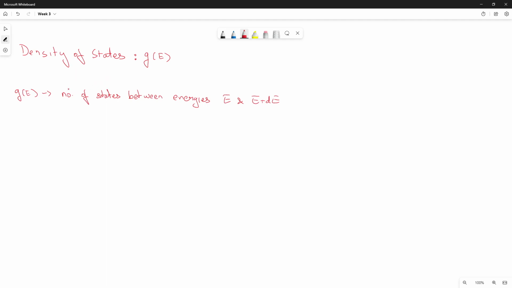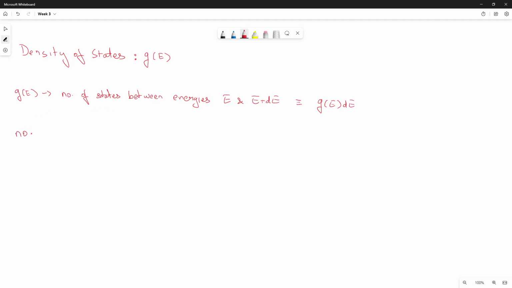Technically speaking, g of E, as the name suggests, is a density function. So strictly speaking, this quantity is defined as g of E times dE.